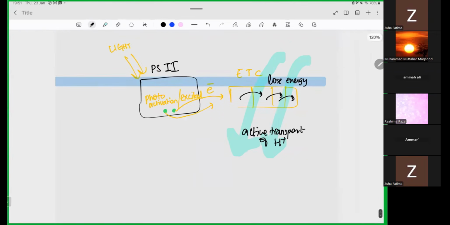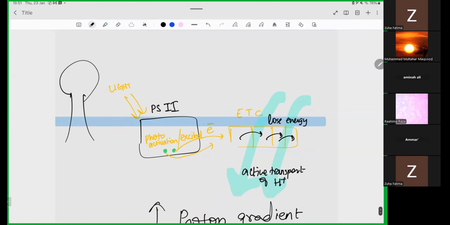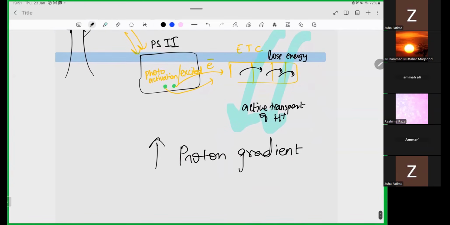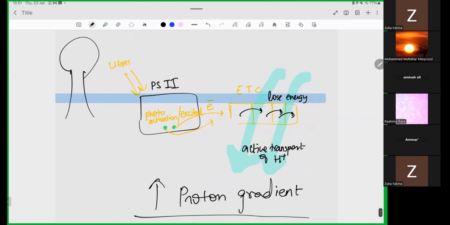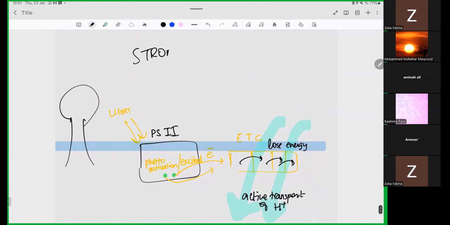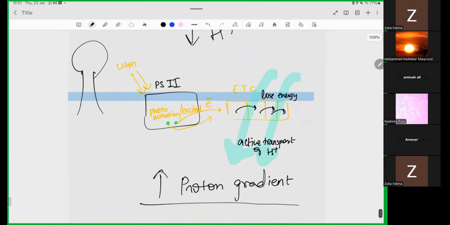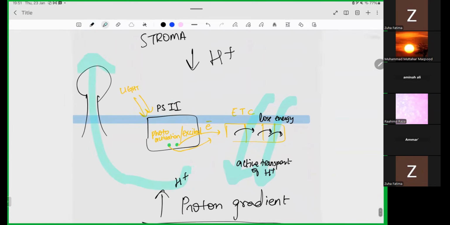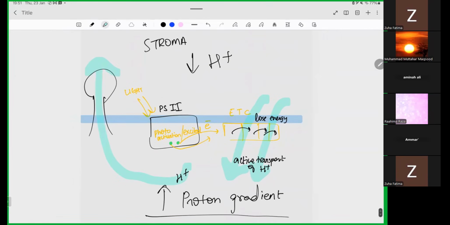Because of this active transport, there is a proton gradient established in the thylakoid space. We have stalked particles. Now, we have a higher concentration of protons in the thylakoid space. In the stroma, we have lower hydrogen ion concentration. These hydrogen ions would move through the stalked particle by the process of chemiosmosis. And as a result of chemiosmosis, हमारे पास photophosphorylation होगी.